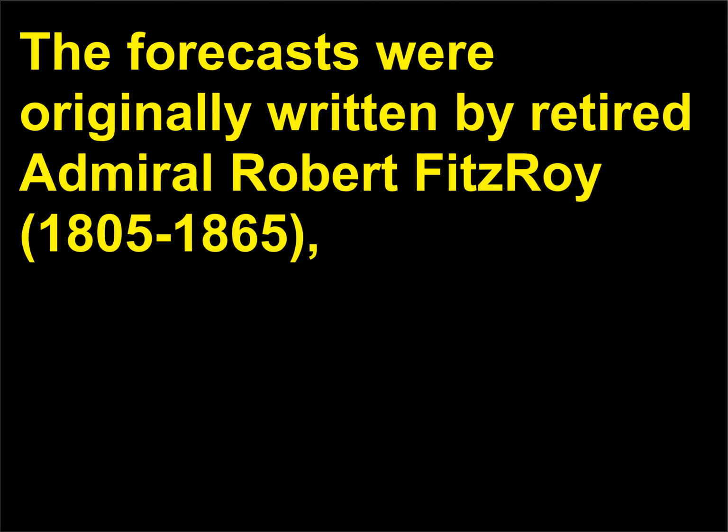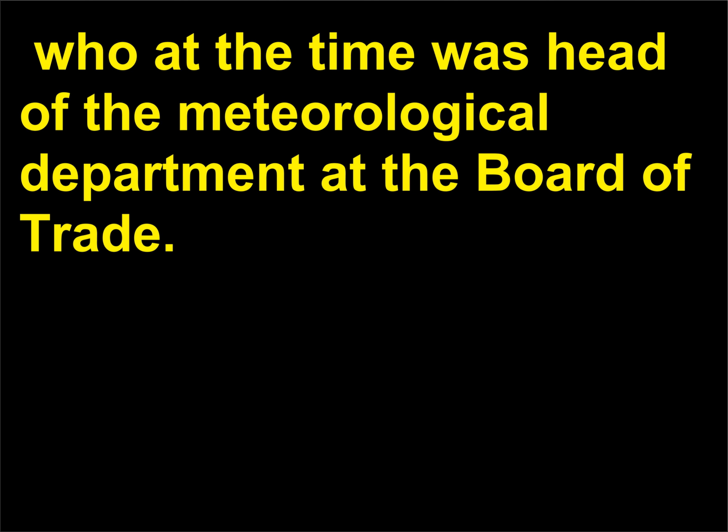The forecasts were originally written by retired Admiral Robert Fitzroy, 1805 to 1865, who at the time was head of the meteorological department at the Board of Trade. The early reports concerned temperature, air pressure, and rainfall. Beginning in 1861, storm forecasts were added.